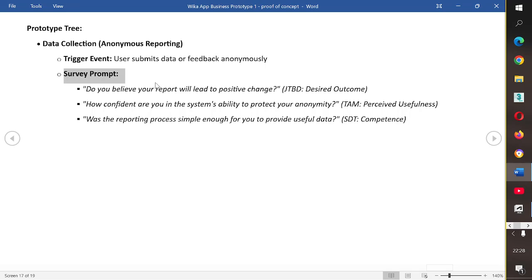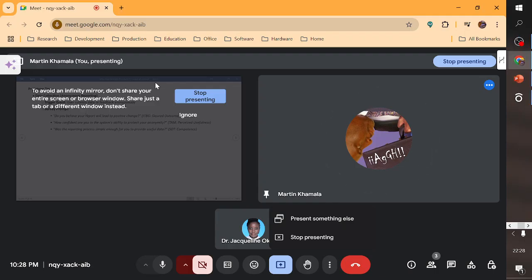In total, I may have to reduce them, but I have 24 questions. So they'll click through 24 screens and answer 3 questions per screen. Actually, not 24. They'll click through 8 screens and answer 3 questions per screen, something like that.